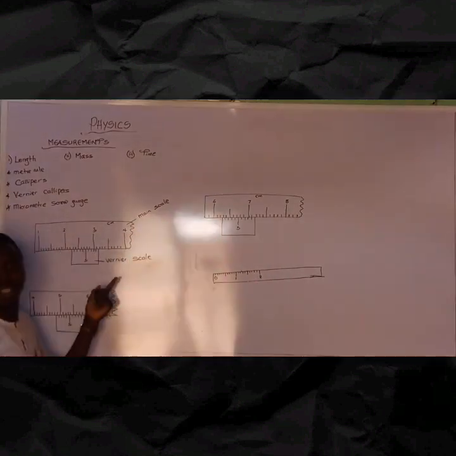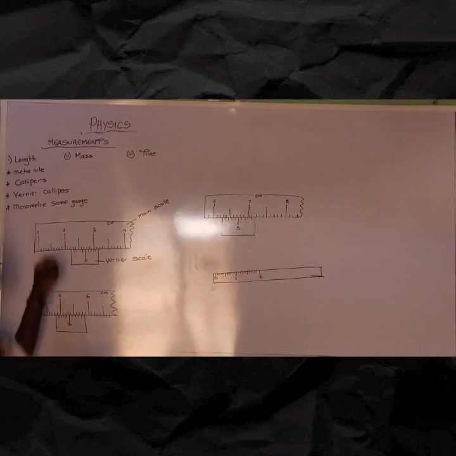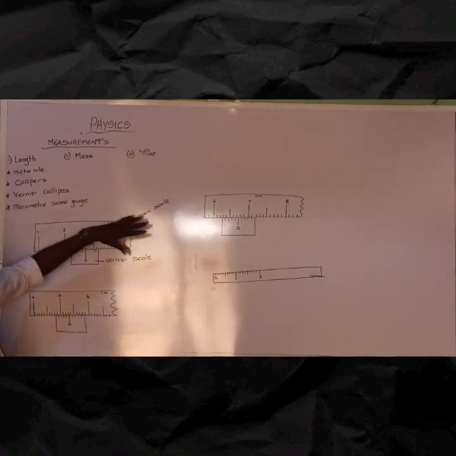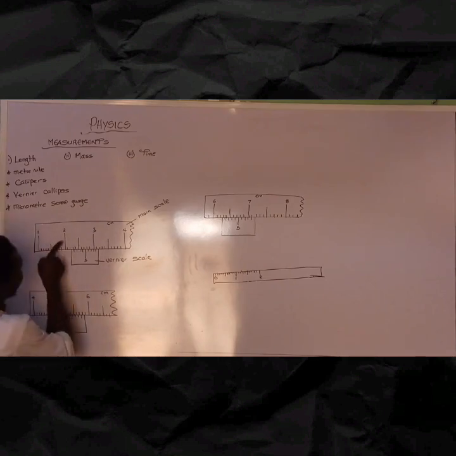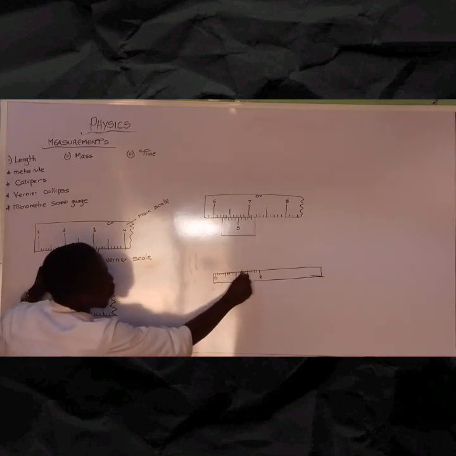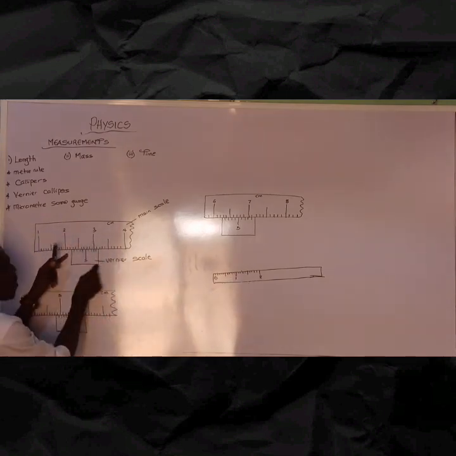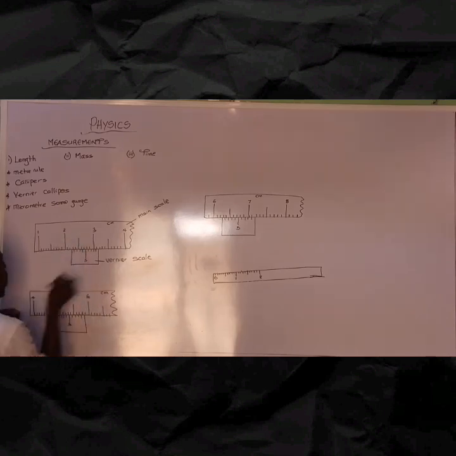So that's the advantage of the vernier caliper. Now let me show you how you read. First and foremost, you go to the main scale. What we have here is 2.1, we have 2.2. For our meter rule, instead of us using our discretion, we have a vernier scale that will tell us what this place is reading. So from the main scale we have 2.2 already.